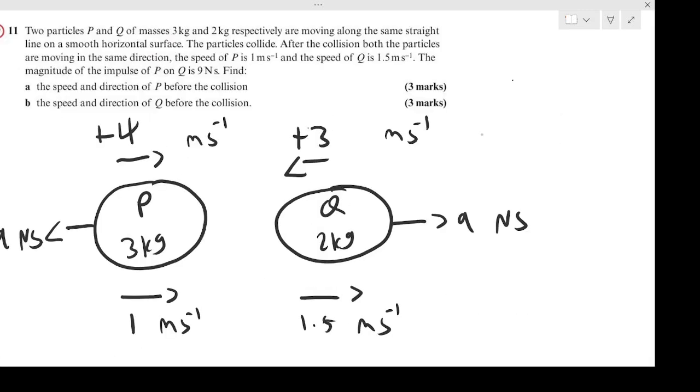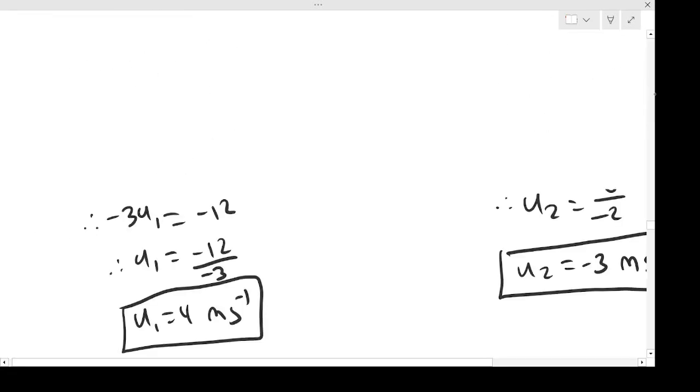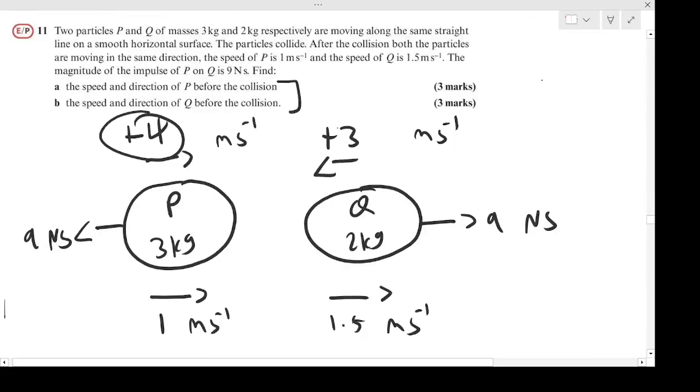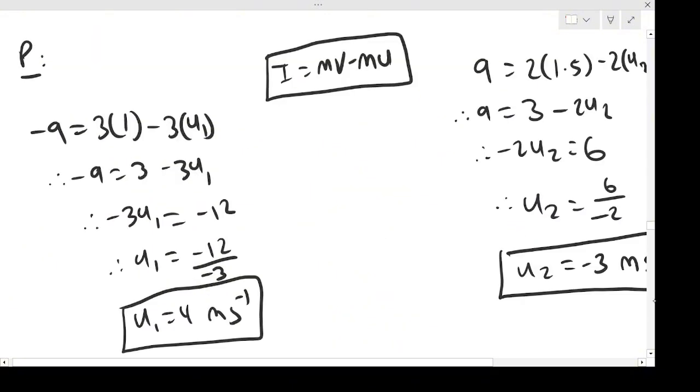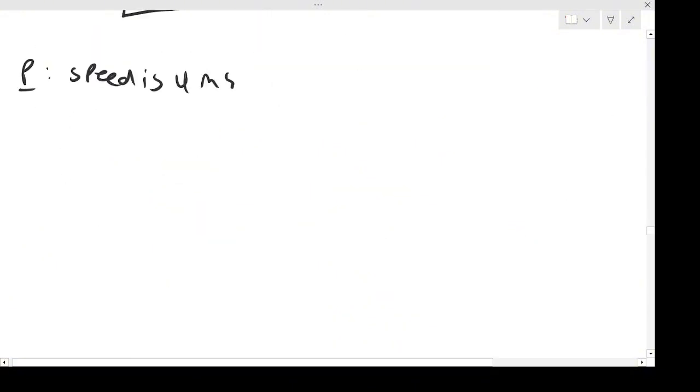Right, so now I need to describe the speed and direction of both of them before the collision. So firstly, for P, what's the speed before the collision? It's 4. So it's 4 meters per second.